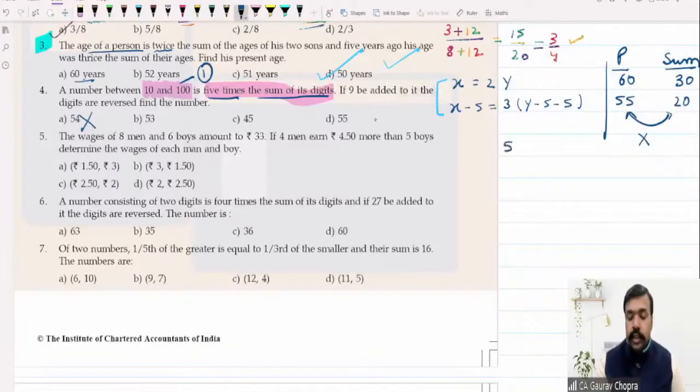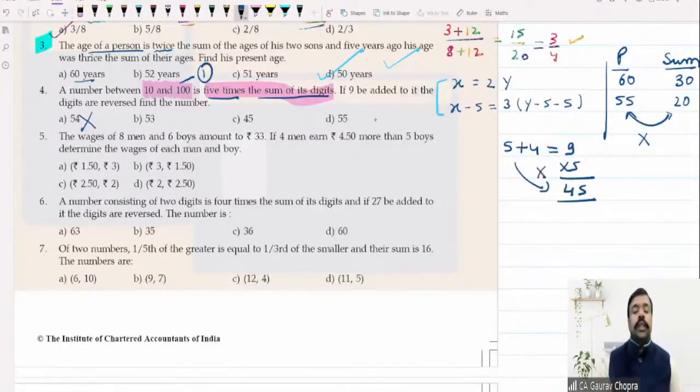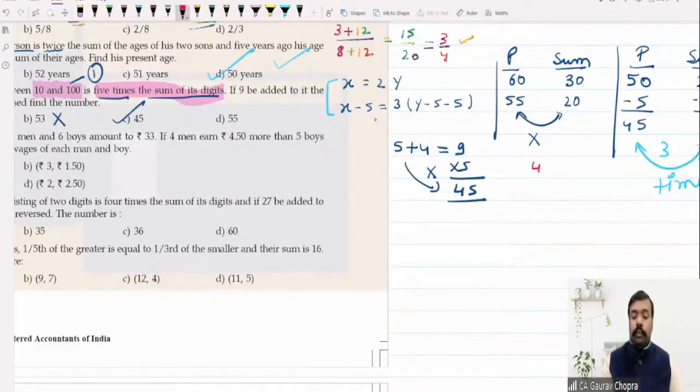So it says if you add the digits and multiply by 5, it will result in the same number, but the number is not the same. Then we can try with 53 as well. 5 plus 3 is 8. 8 into 5 is 40. So it is not matching with 53. But now if we try option C, that is 45. 4 plus 5 becomes 9.